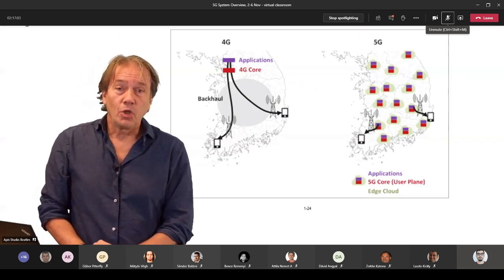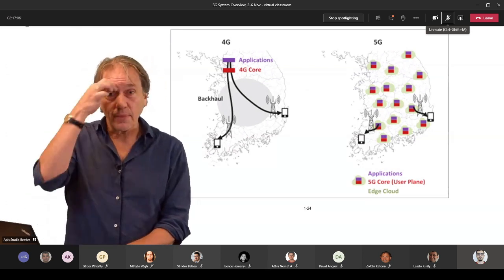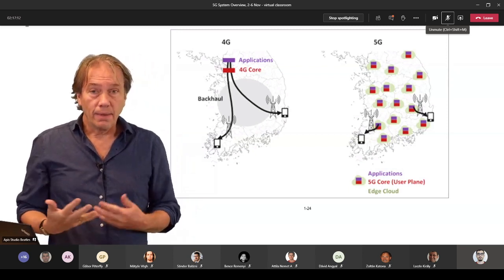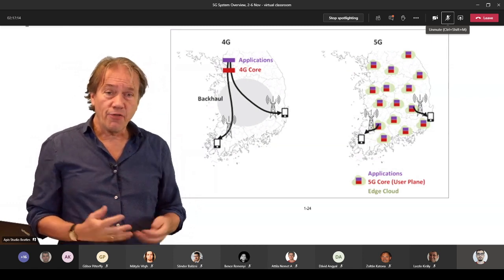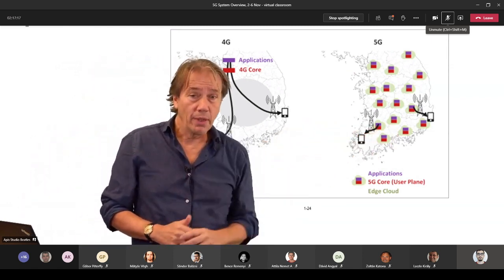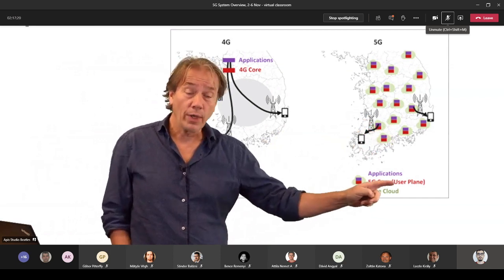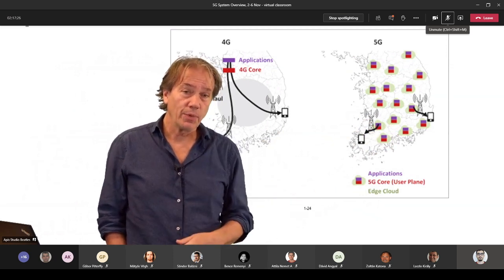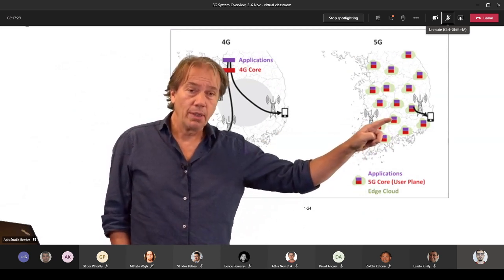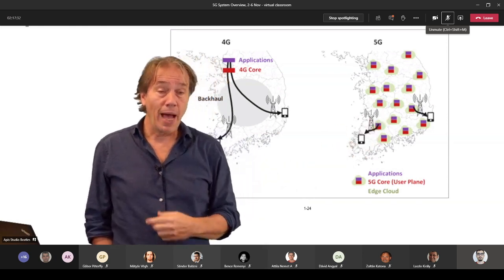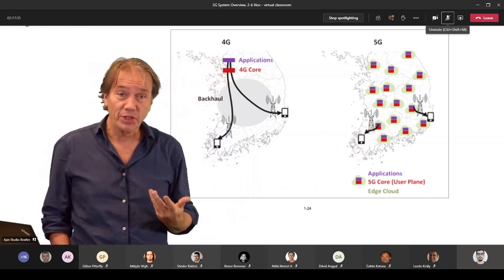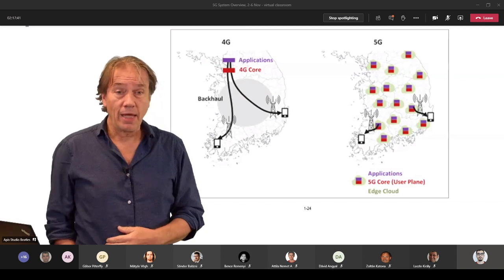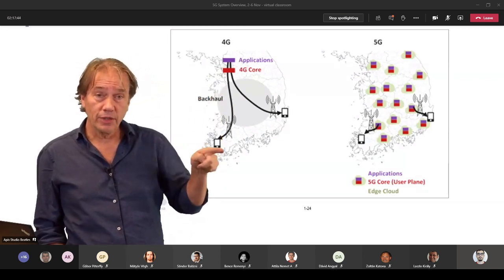This Korea Telecom picture where it says that if we distribute the 5G core, or at least the user plane of the 5G core towards the edge of the network, and if we also deploy purple boxes with applications or application servers or application functions closer to the edge of the network, that has some benefits compared to if we do it like this.